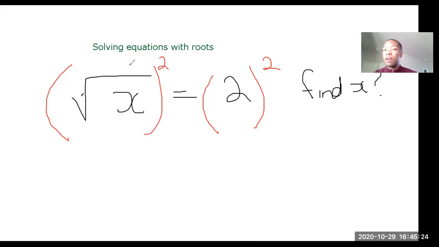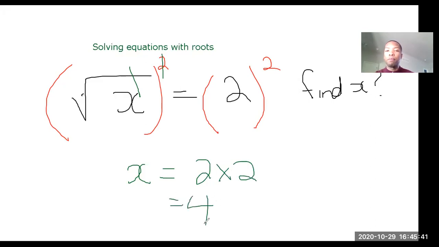So my square cancels out my square root, and I'm left with x. And then I do 2 squared. 2 squared means 2 times 2. And 2 times 2 is 4. So x is equal to 4.